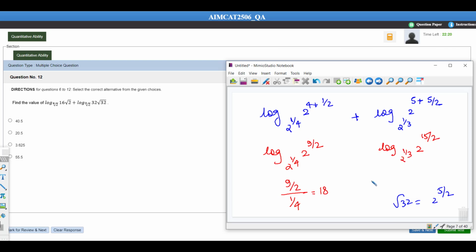The value of this is 15 by 2 divided by 1 by 3, that is equal to 45 by 2, 22.5. So our final answer is the addition of these two. Addition is equal to how much? 40 and half, 40.5, option 1.